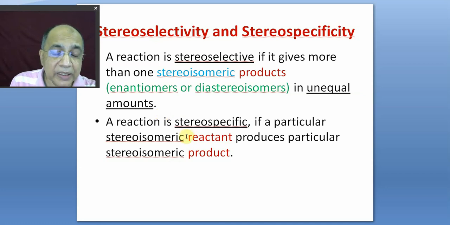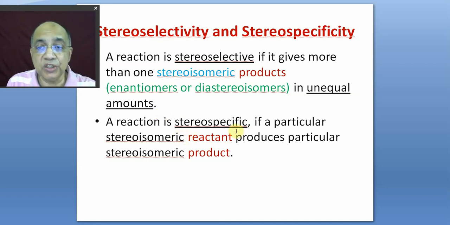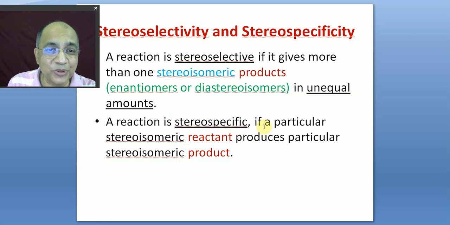And when we call a particular reaction stereospecific, it has to do with both reactant and product. In stereoselective, we have nothing to do with the reactant. The reactant may be a stereoisomer or may not have any feature of stereoisomerism, there might be no chiral center or no double bond which will show cis and trans.